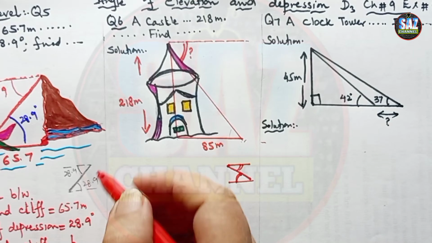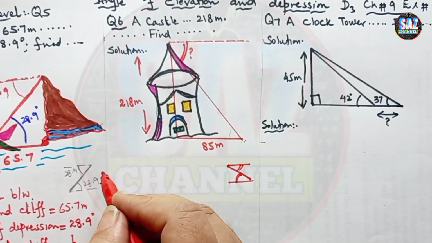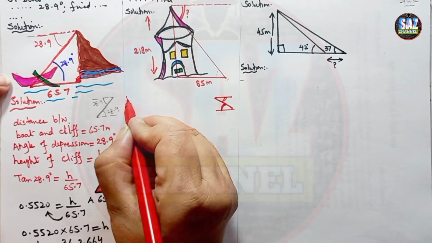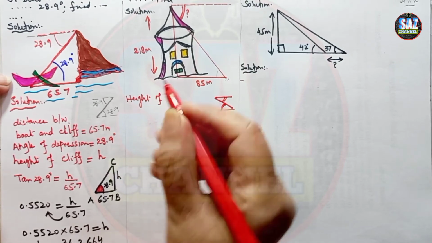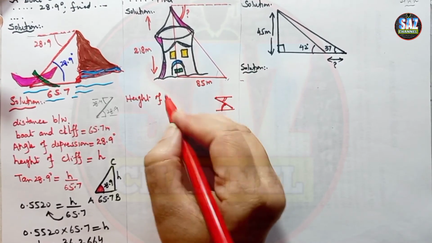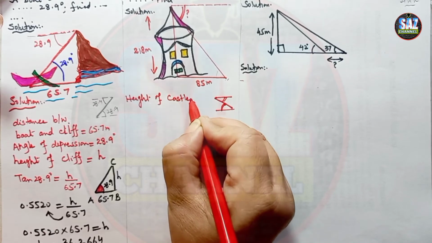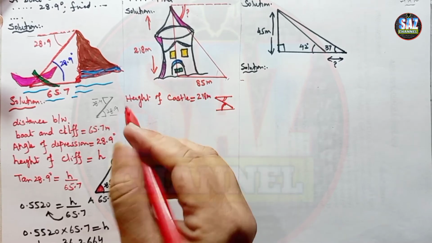So first of all, let's write down small statements for the question. Height of the building, the castle, height of castle is 218 meters. It's given in the question.